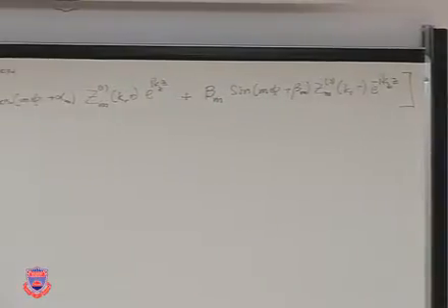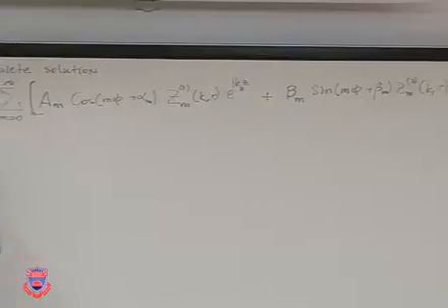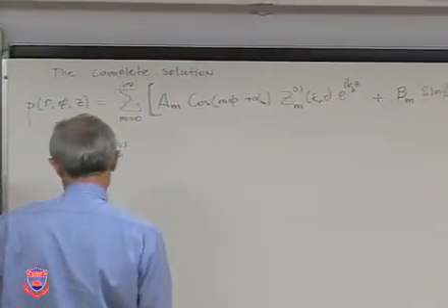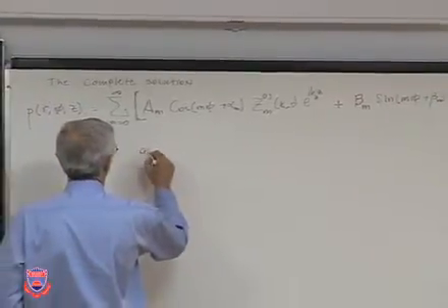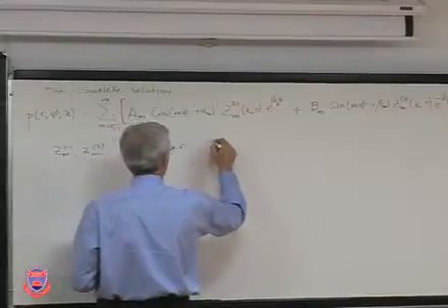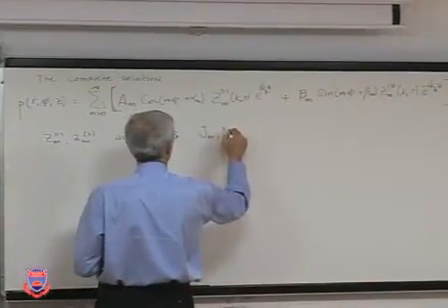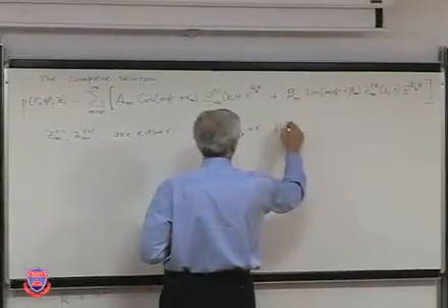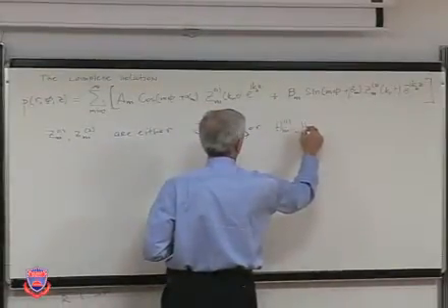The ZM1 and ZM2 represent either the J_M and N_M, or the progressive wave pair.